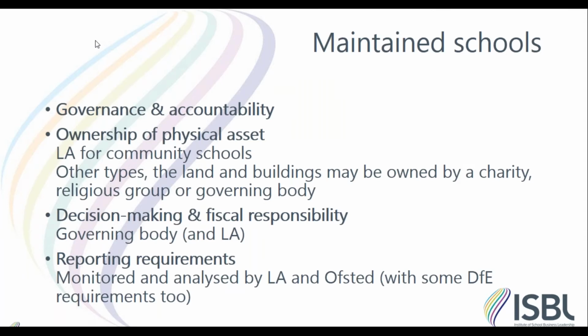Decision making and fiscal responsibility sits with the governing body and, to an extent, the local authority. Reporting requirements, well, everything's monitored and analysed by the local authority, and pupil standards and outcomes are, if you like, assessed by Ofsted and their framework.